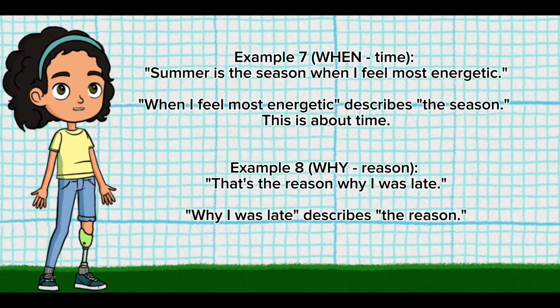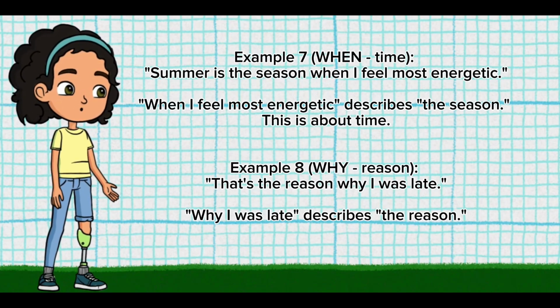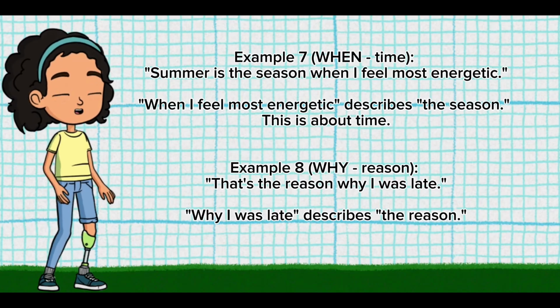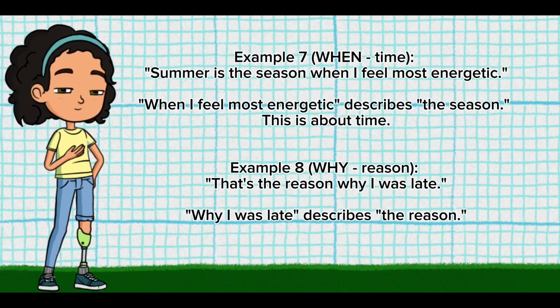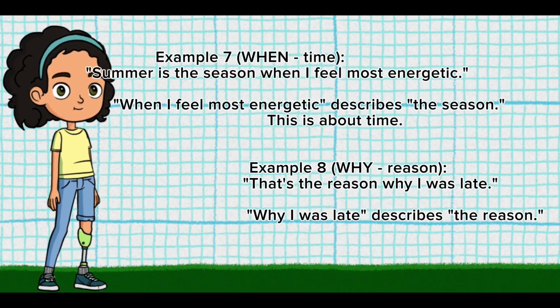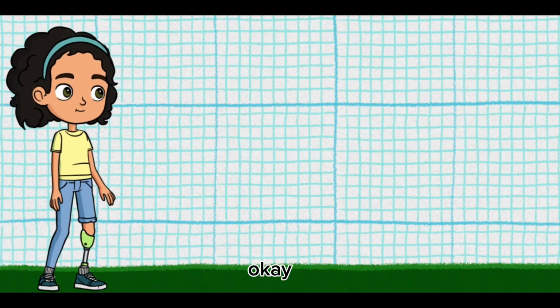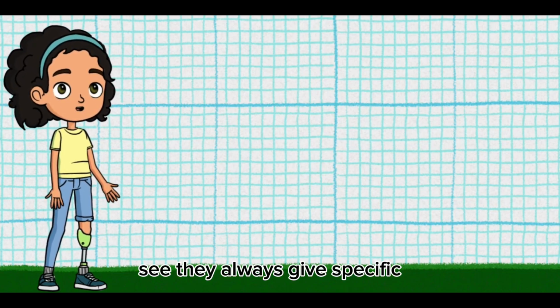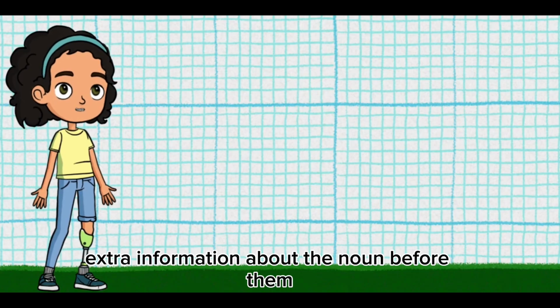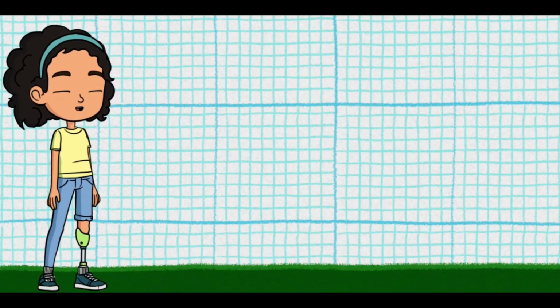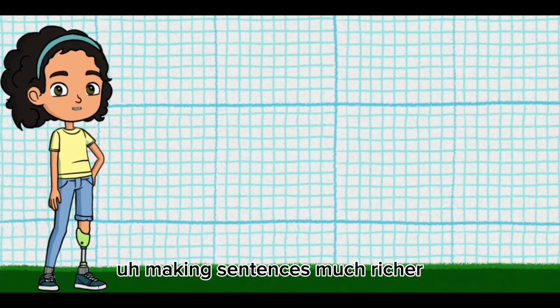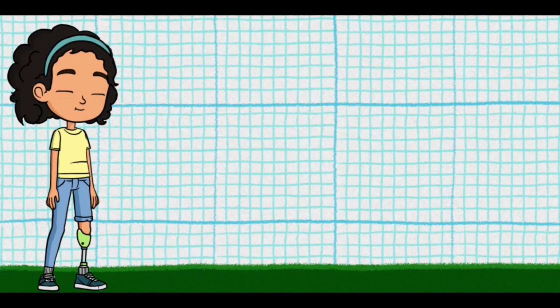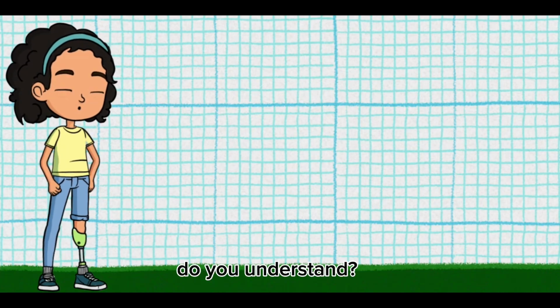That's the reason why I was late. Why I was late describes the reason. Okay? See, they always give specific extra information about the noun before them, making sentences much richer. Do you understand?